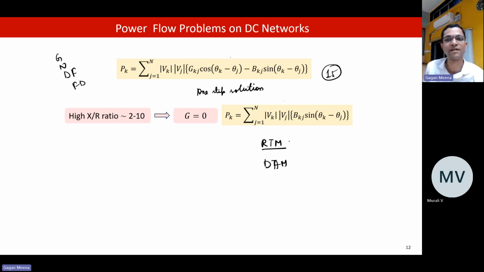In the real time market, it's a 15-minute time block. For each 15-minute block, each generator needs to be told that you have to generate this much. Suppose a generator was generating 100 megawatt. Then after 15 minutes, the generator needs to generate 120 megawatt.